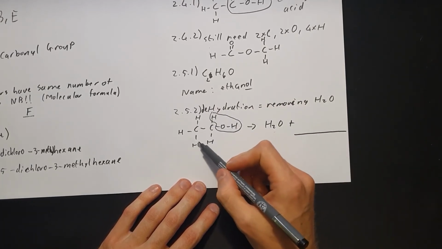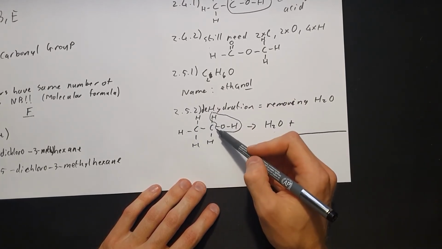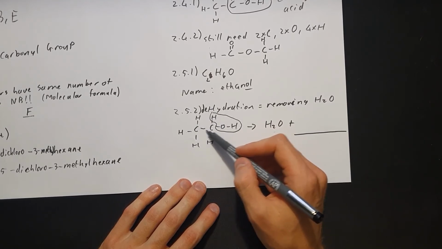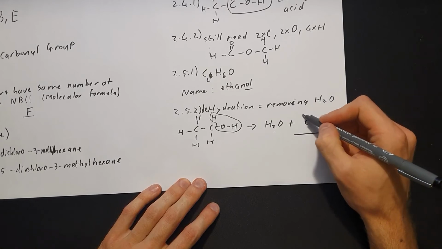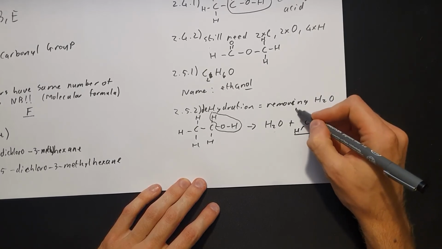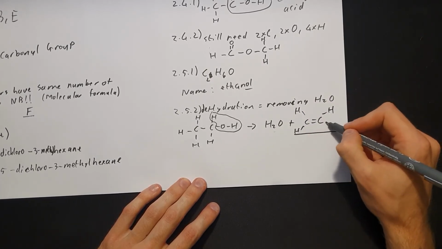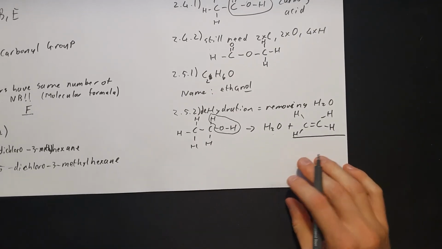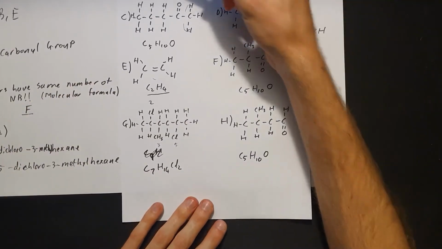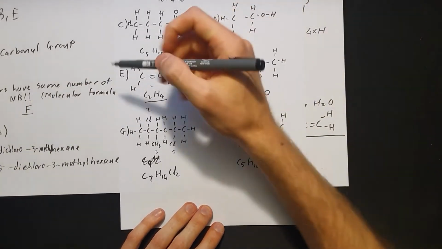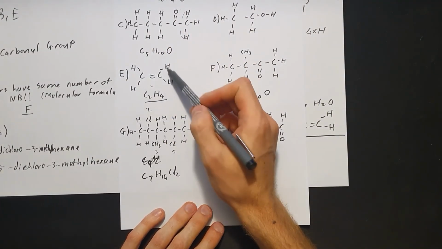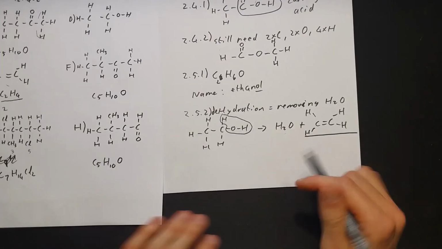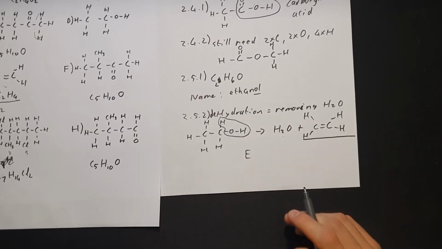One of the hydrogens will move to this carbon and would then create a double bond. So we'll have carbon with a double bond between it, and then we'll have 4 hydrogens. Looking through them, we find that we are dealing with E, which is 2 carbons and 4 hydrogens. So the letter here is letter E.